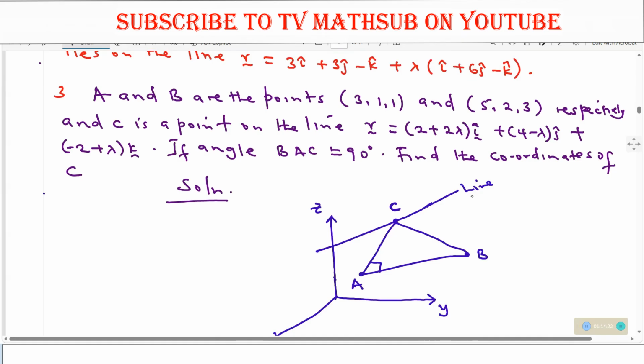But what do we need? We need C. And what is C? C is a point on the line. So let me have my point C. You can have it as any point.